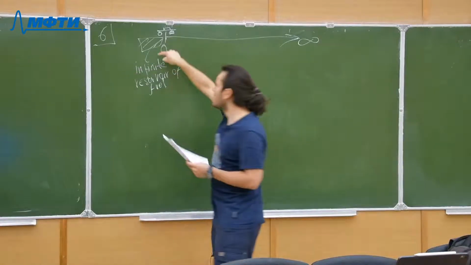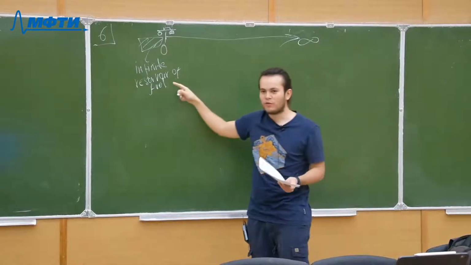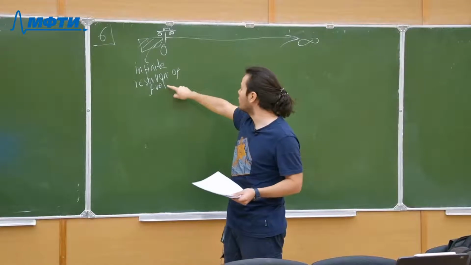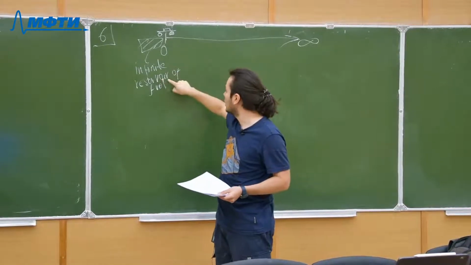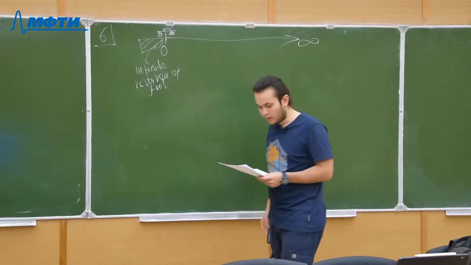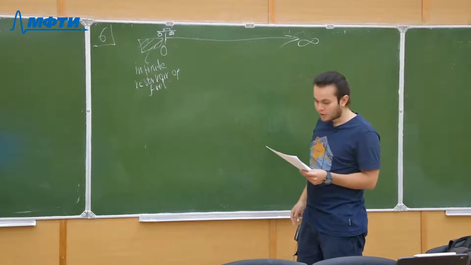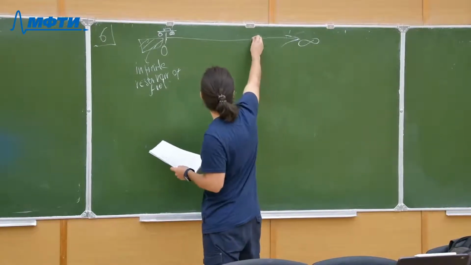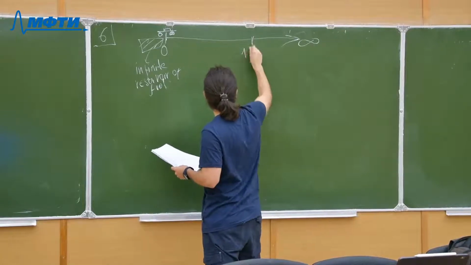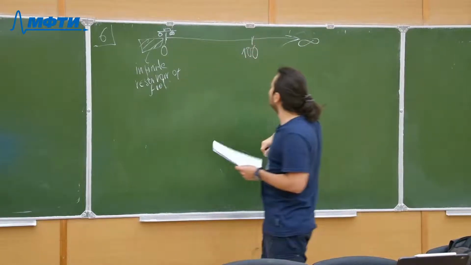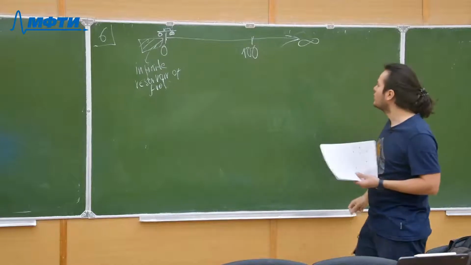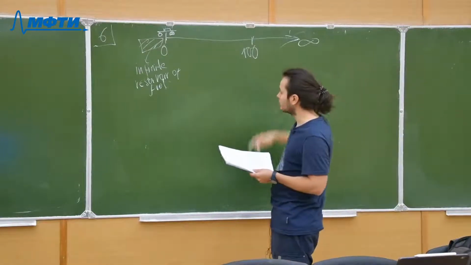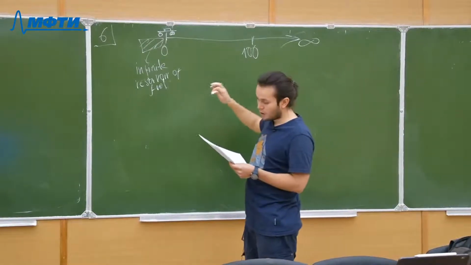So we can take any amount of fuel as we want from this reservoir, okay? And the car can move for up to 100 miles. So if we divide this into miles, we have here 100 miles, right? Kilometers, miles, it doesn't matter.